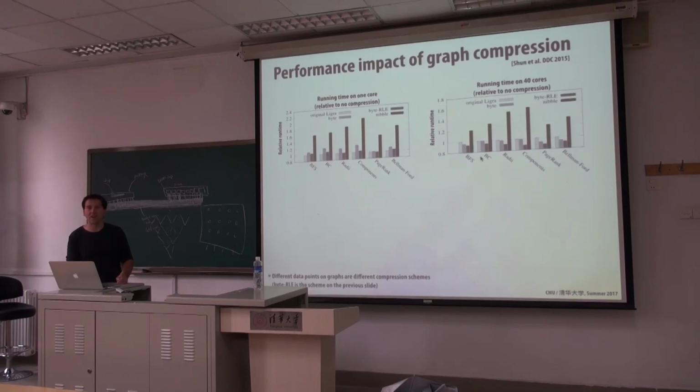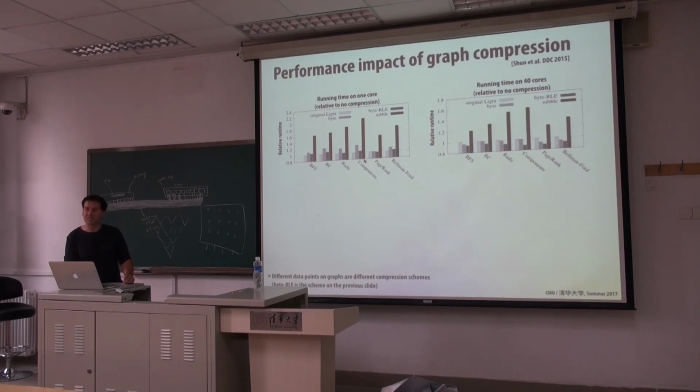Same graph now on the right, same programs, same baseline is no compression. Gray bar is with compression. The only difference now is we're running in parallel on 40 cores. What did you notice? Compression helped.